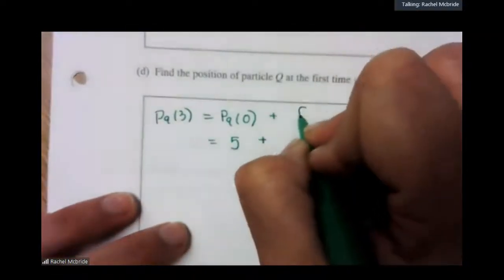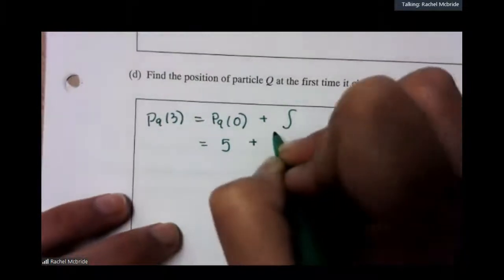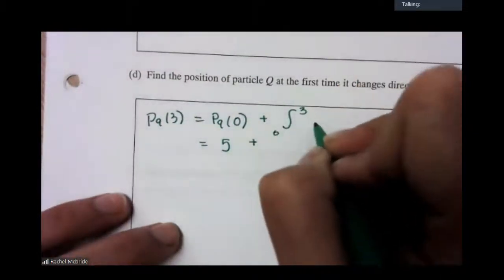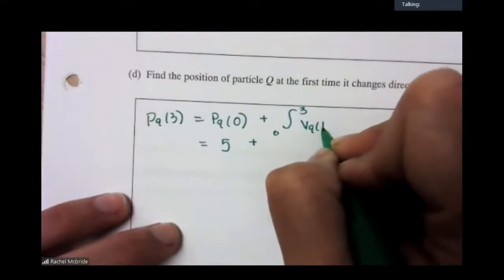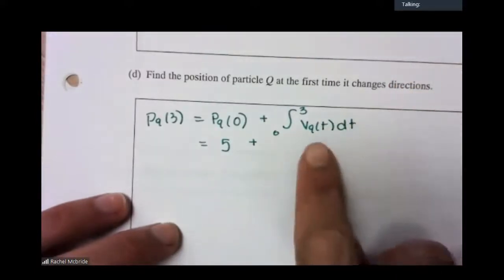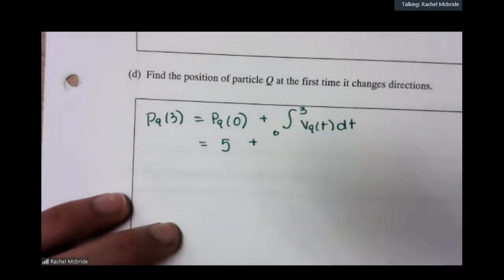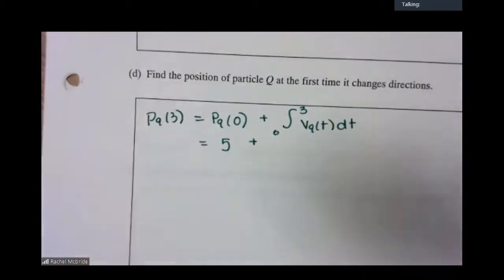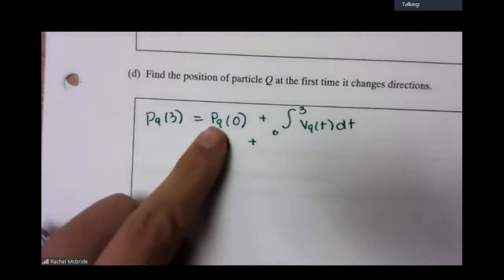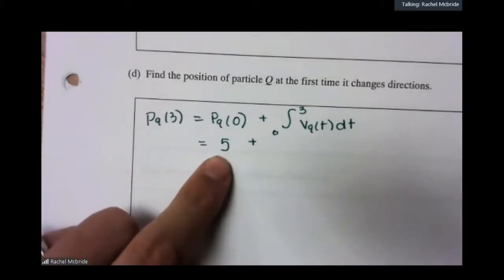Plus, I have to integrate its velocity from the initial condition to where we're ending. So Q of 0 is 5.